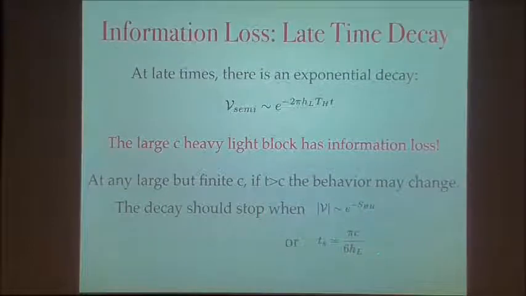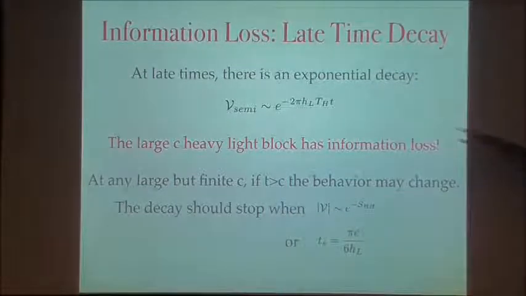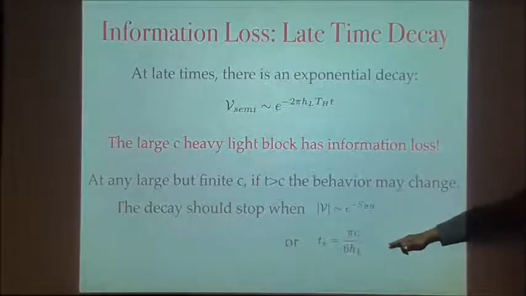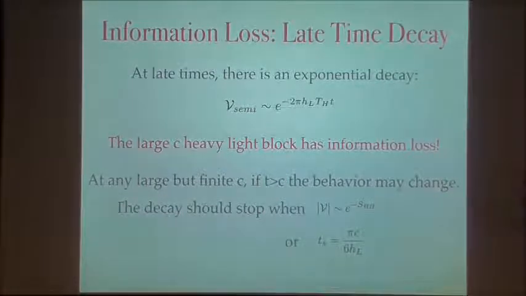So in the end, you get something that doesn't depend on H heavy. But the basic idea is that this formula only holds when your T is order 1. When your T is order C, your large C approximation breaks down, and this behavior should stop being the case. All right, does that answer your question?